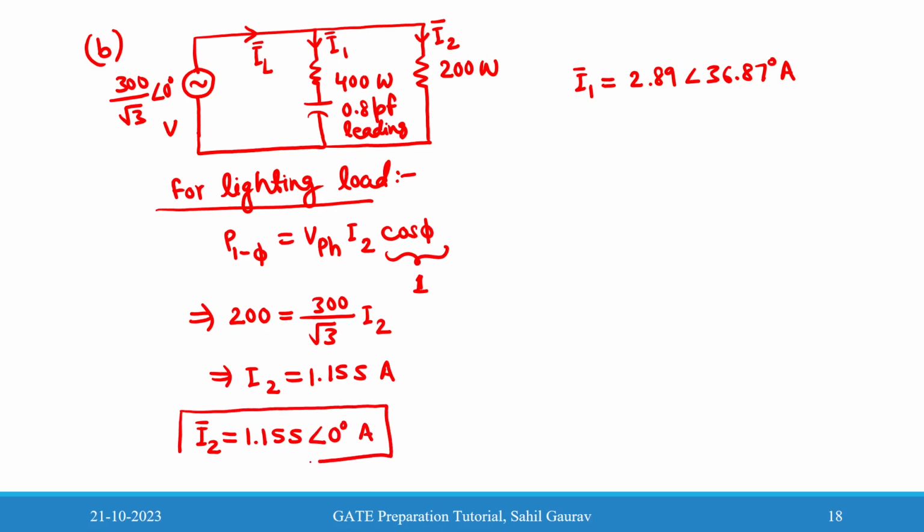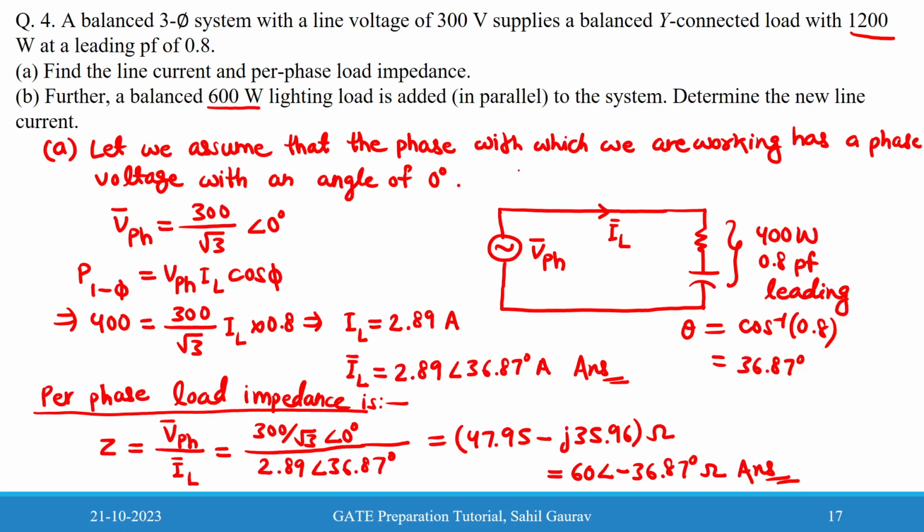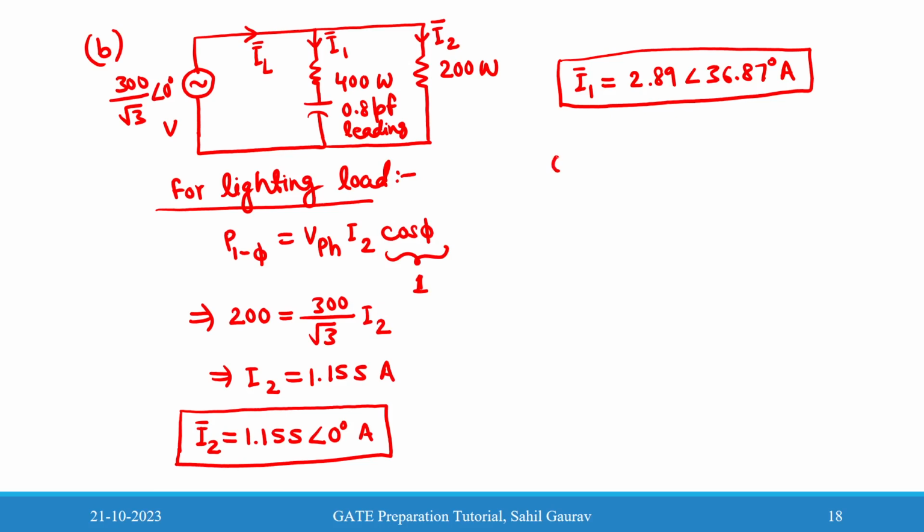So the new line current will be the summation of I1 and I2. The new line current IL will be I1 plus I2.